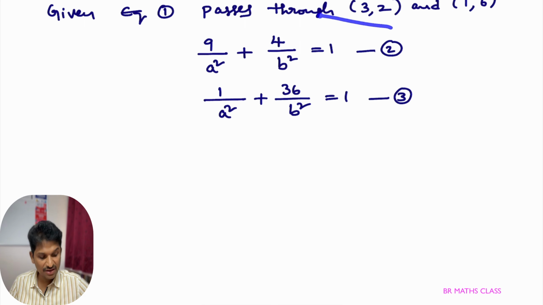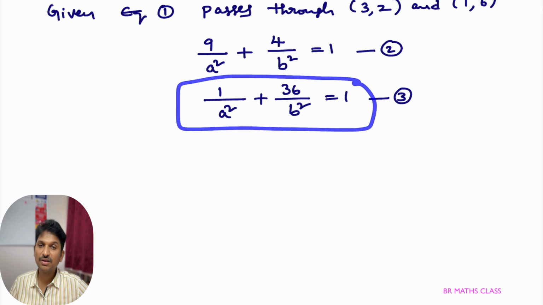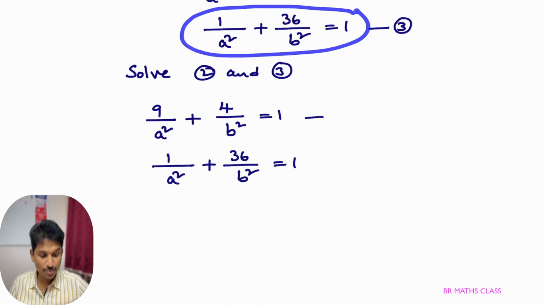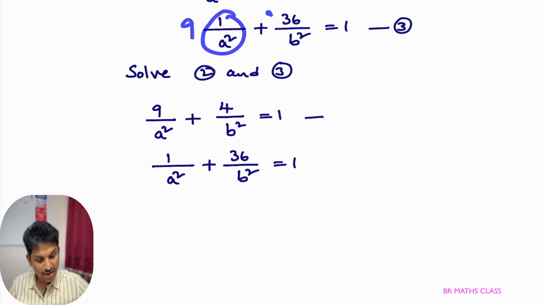Actually, to solve these equations, this second equation I'll multiply with 9. This complete equation I'll multiply with 9. Then when I subtract, these two will get cancelled. Now I am solving equation 2 and equation 3. So here 9 into 1 by a square plus 36 into 9 divided by b square plus 1 into 9 is 9.